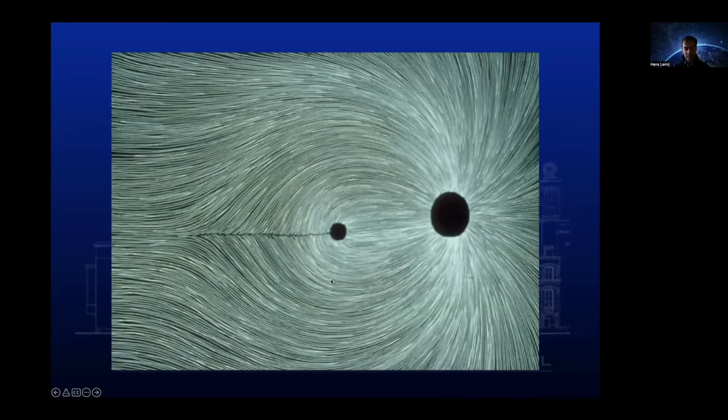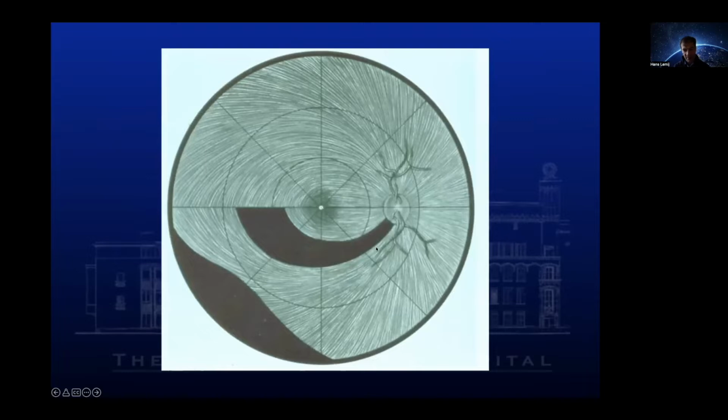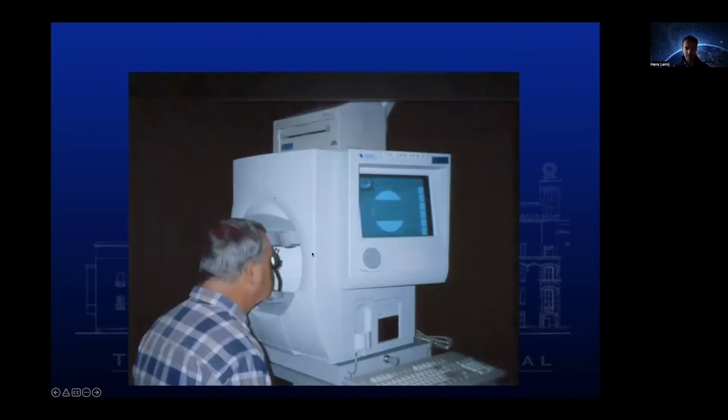To understand what the patient is experiencing, we need to talk about the architecture of the retinal nerve fiber layer. It looks like a fingerprint. And you can imagine that if part of the optic nerve head is damaged because of glaucoma, the entire region of the retina is no longer connected with the brain, and you will get a visual field defect in that location.